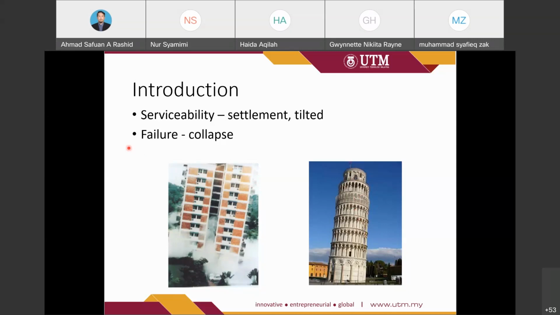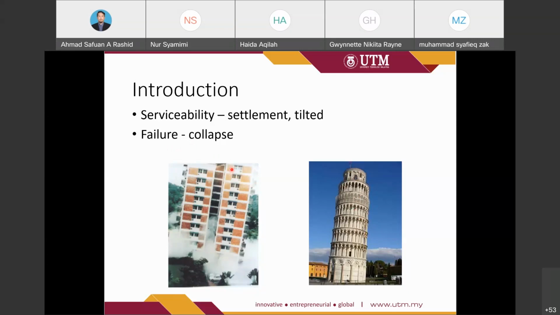So another part the geotechnical engineer should consider in the design is failure, which is not an acceptable value, because it can make the building collapse later on.